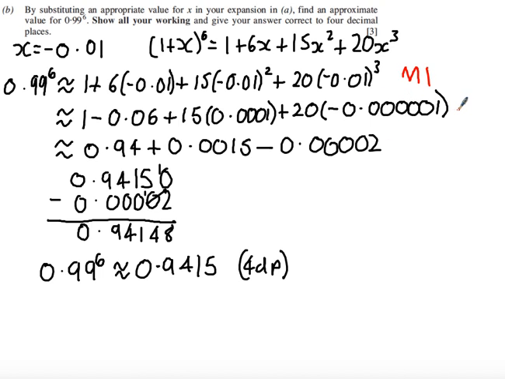You then get an accuracy mark in the expression if you get 3 out of those 4 terms correct. And then finally you get your final accuracy or answer mark for this answer down the bottom if and only if you get this correct answer to 4 decimal places.